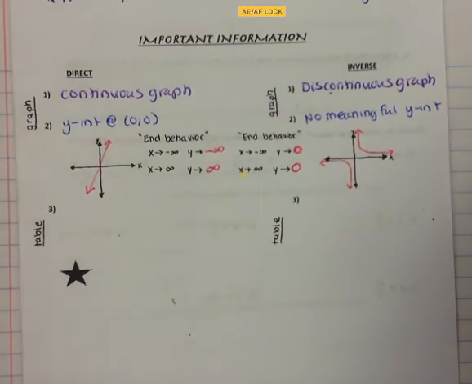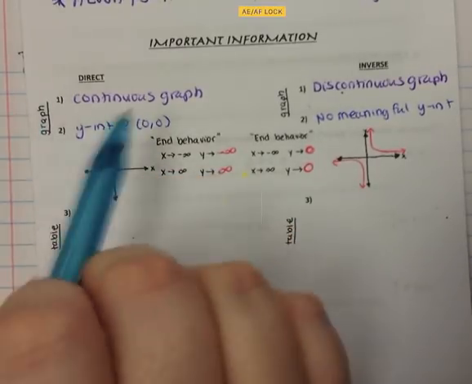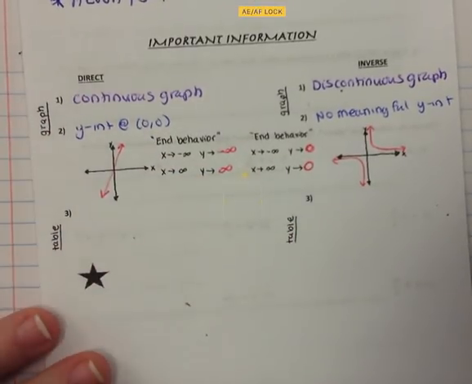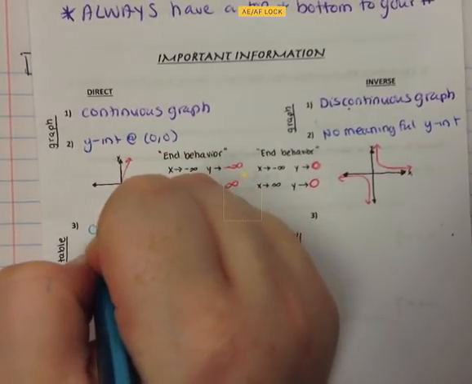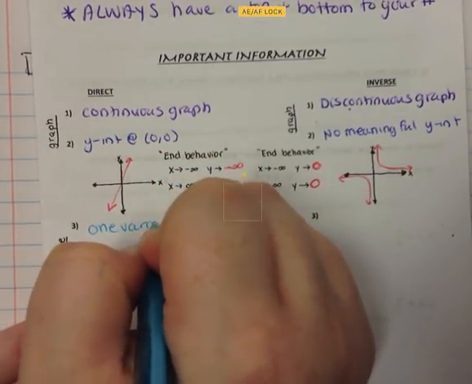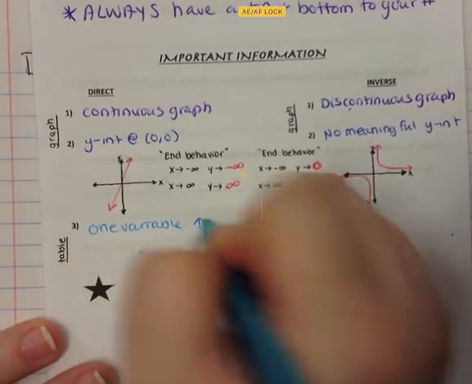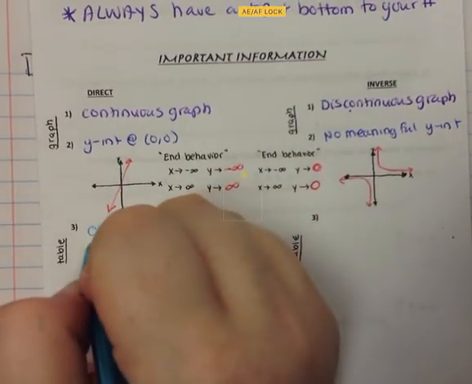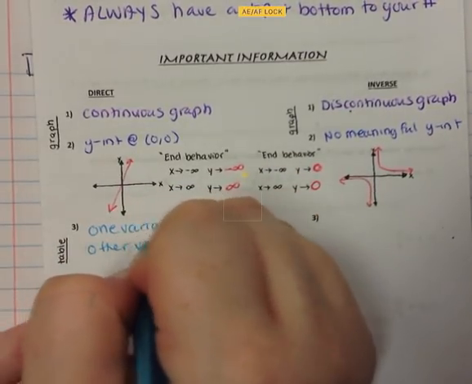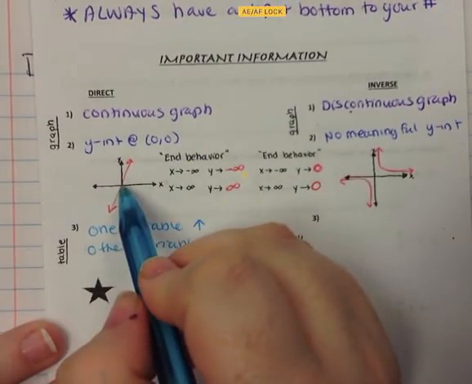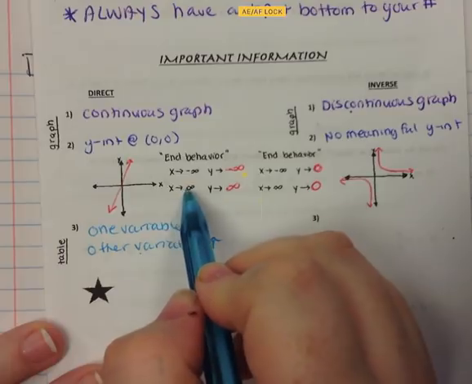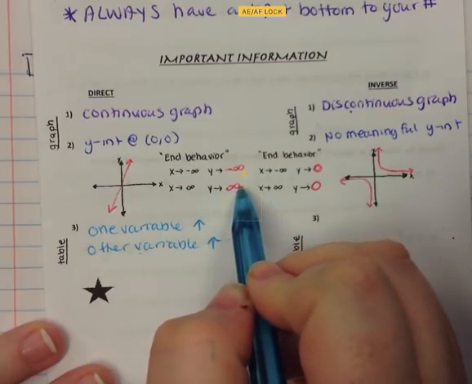Now, in a table of values, if you're looking at your variables, for direct variation, as long as your k is positive, as one variable goes up, so it increases, your other variable will also increase. So as x's go up, so as x's go to the right, y's are going to the right, or up.